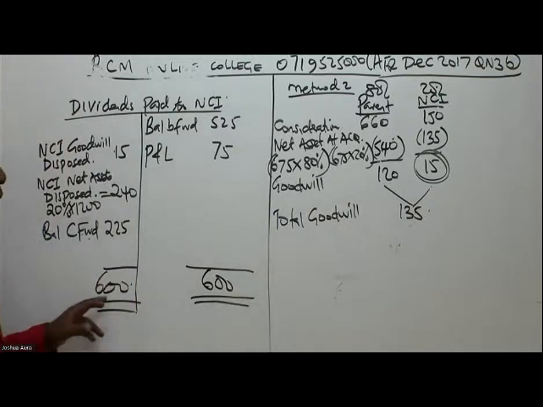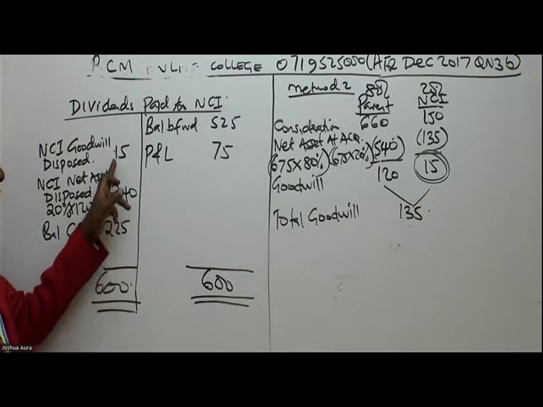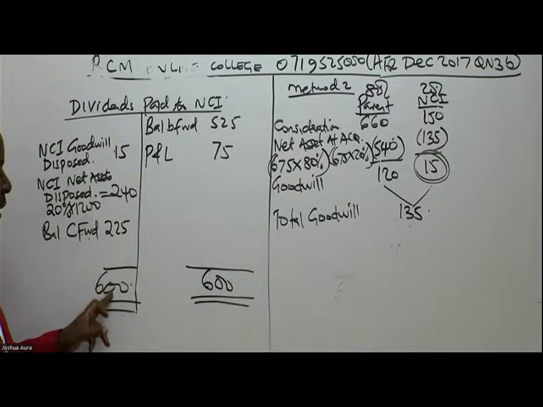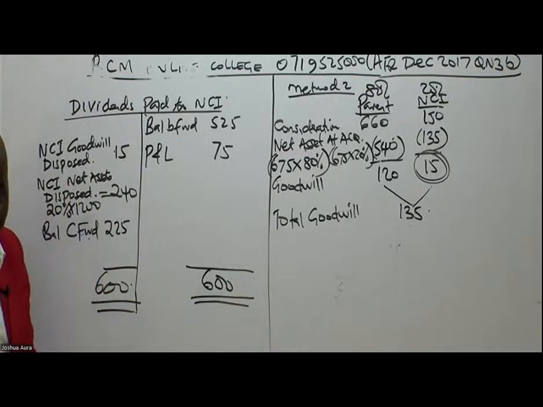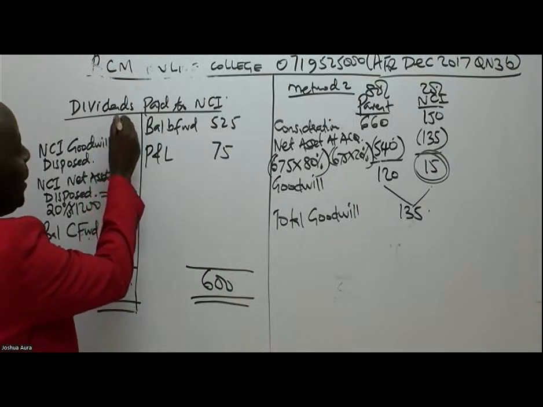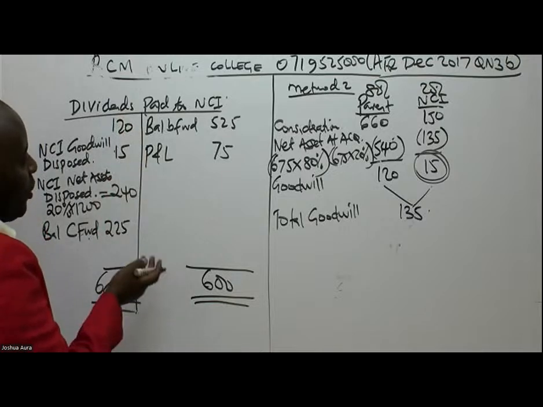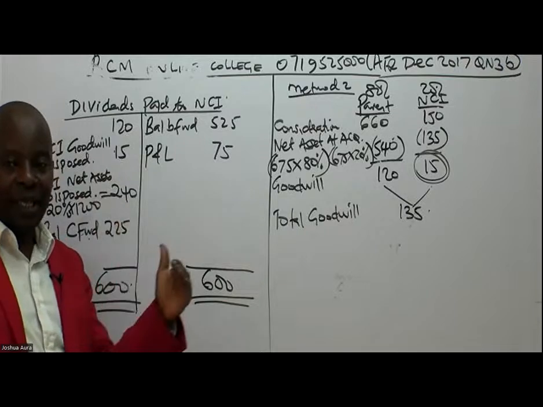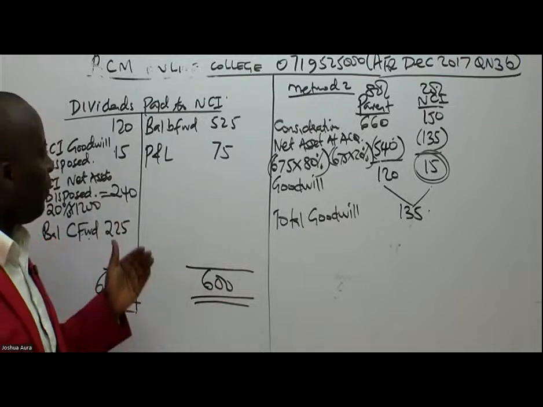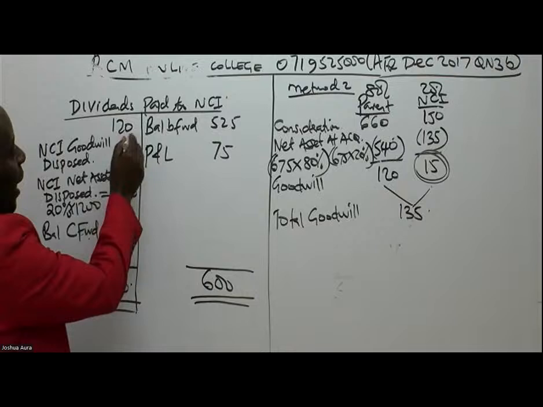So the balancing figure will be 600 minus 225 minus 120. So this 120, we are putting it here. You can put it anywhere, of course. Of course, the 120 now must be the dividend that we paid to NCI. So the dividend that we pay to NCI is 120.